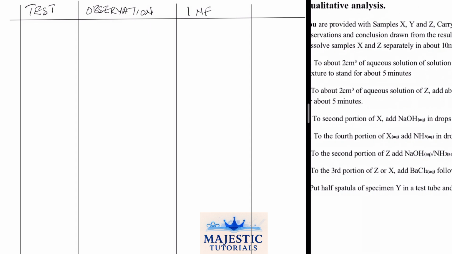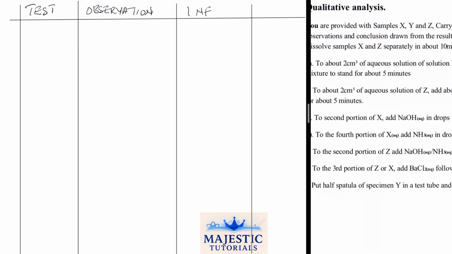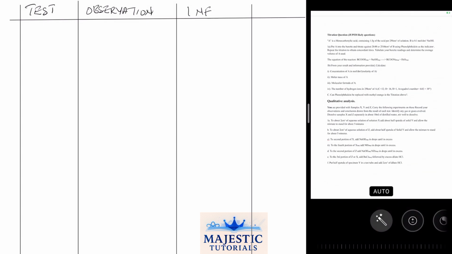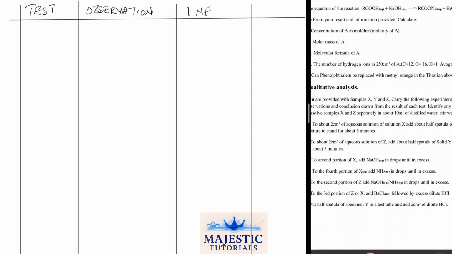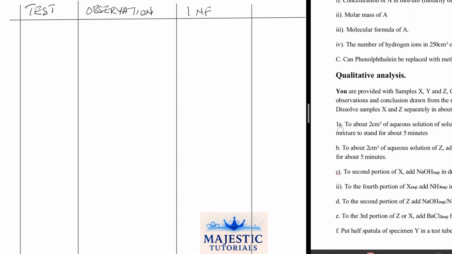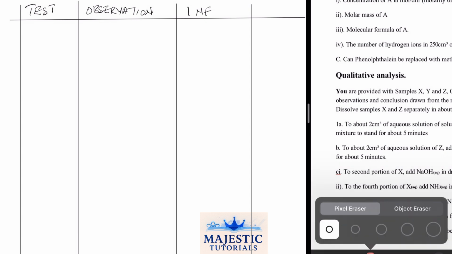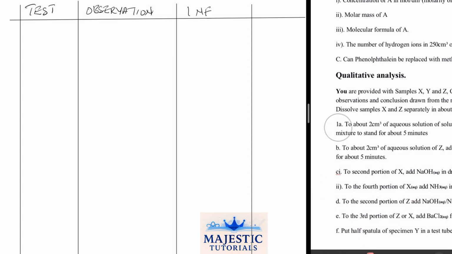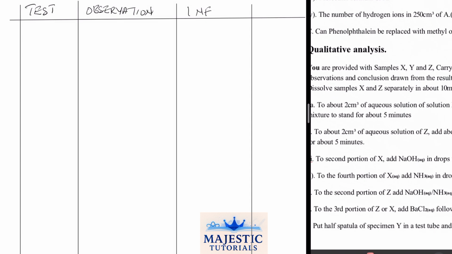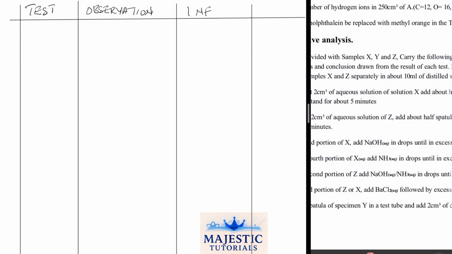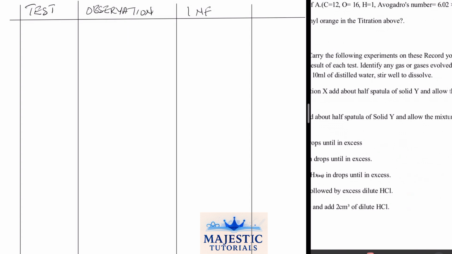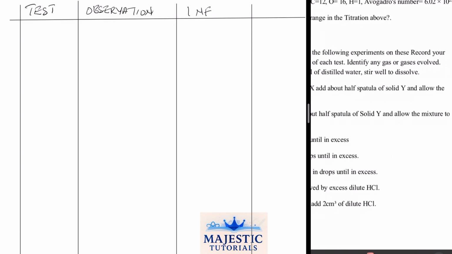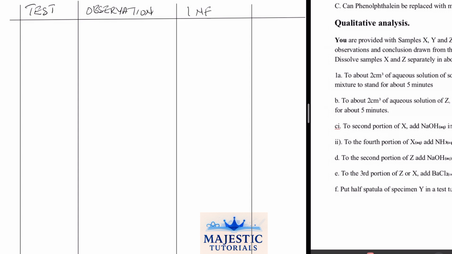Let's go to the ones that we need careful attention on. That's question 1A. To about 2 cm cube of solution X, add about half spatula of solid Y and allow the mixture to stand for about 5 minutes.